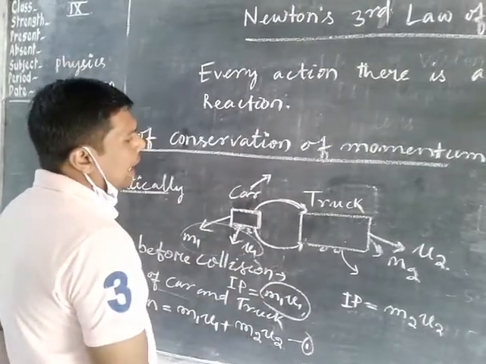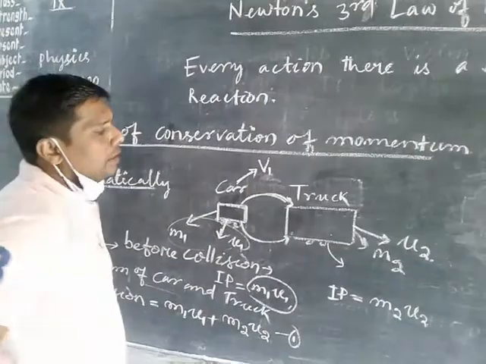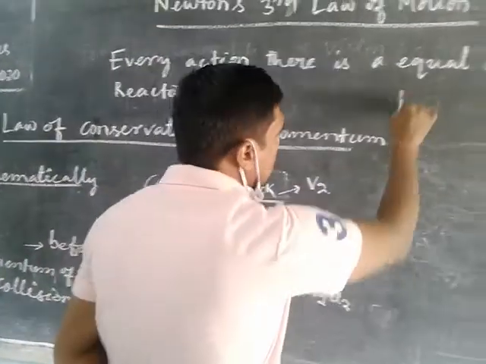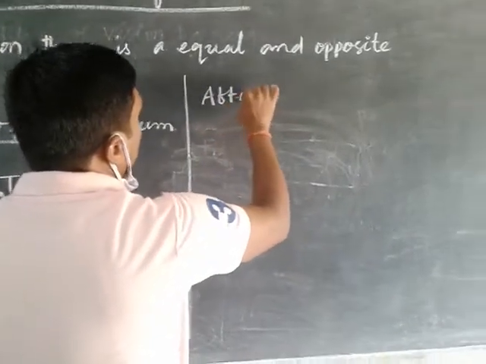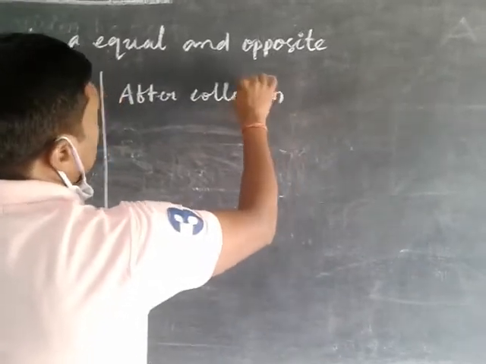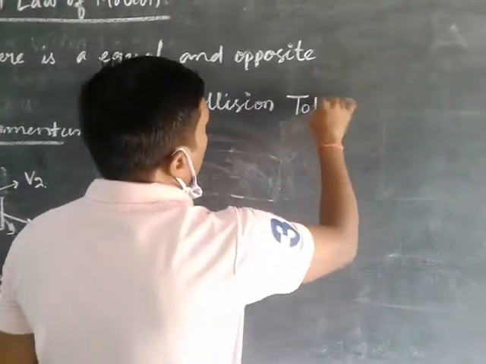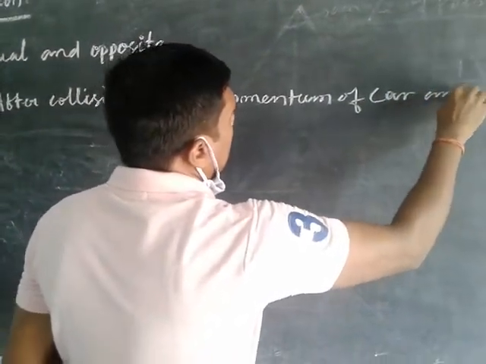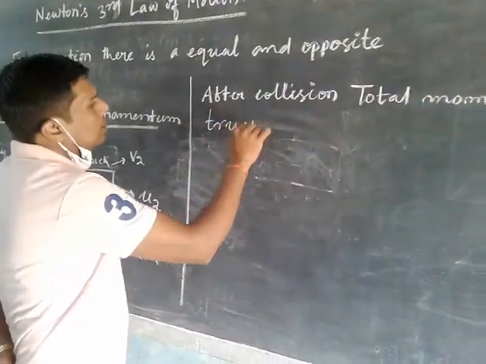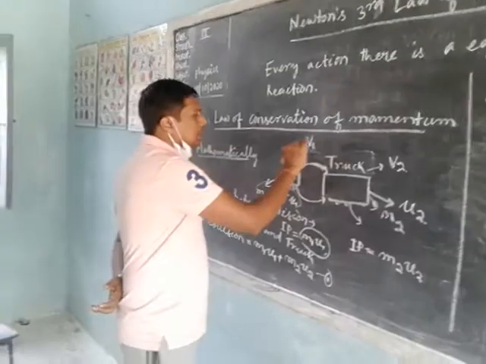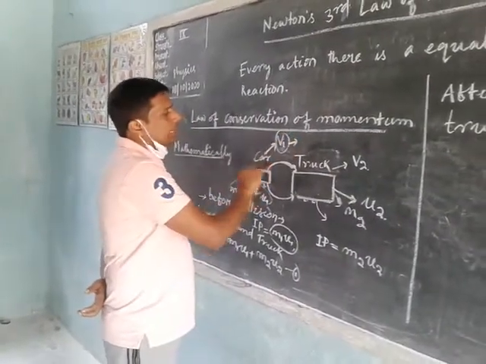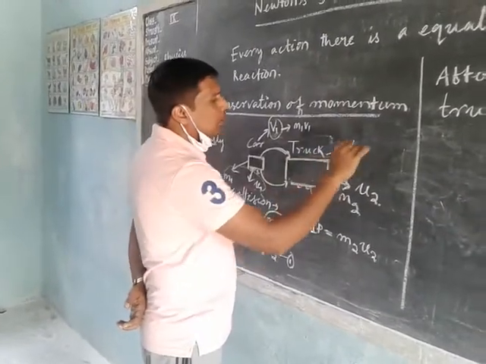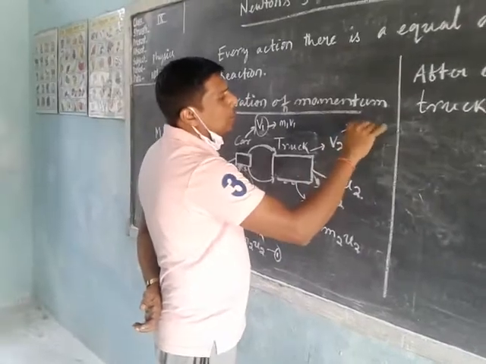Let the final velocity of the car after collision be v1, and the final velocity of the truck be v2. So after collision, the total momentum of the car and truck is: the final momentum of the car is m1 v1, and the final momentum of the truck is m2 v2.